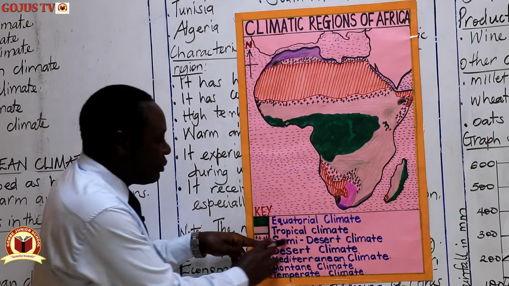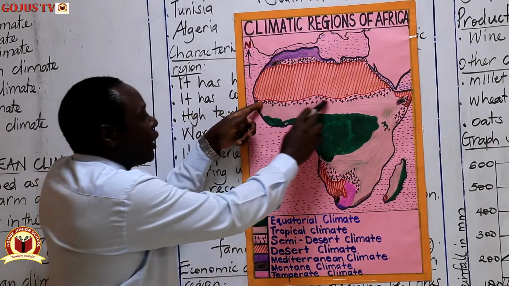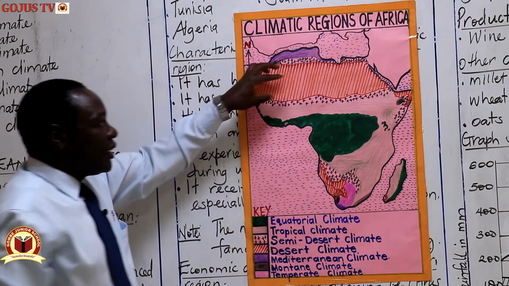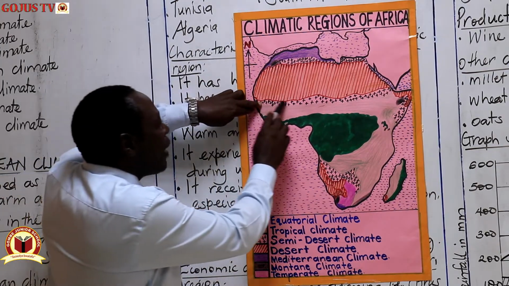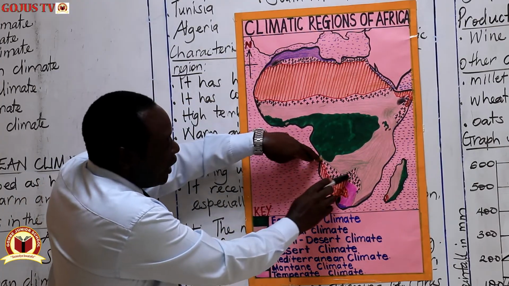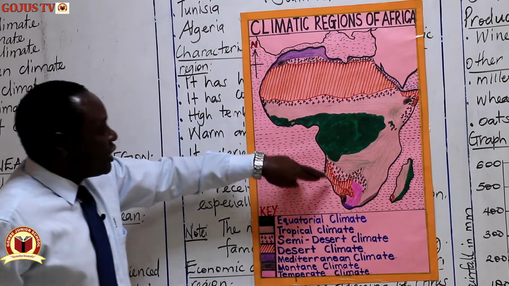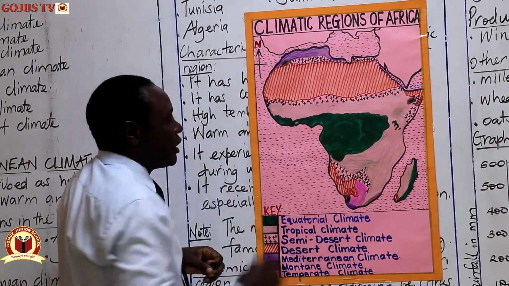We have the same desert climate. Same desert is small. It's near the deserts, this small part near the Sahara Desert and near the Namib Desert. This is same desert climate.